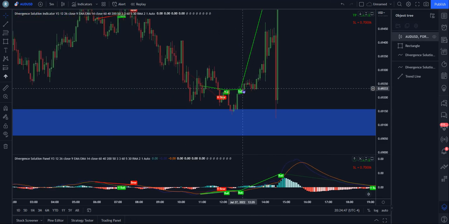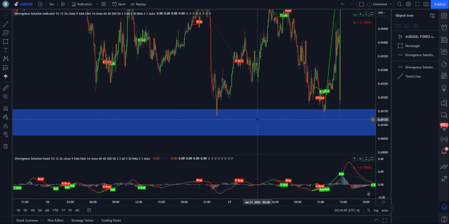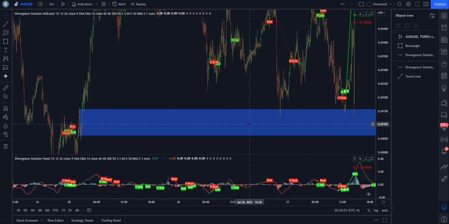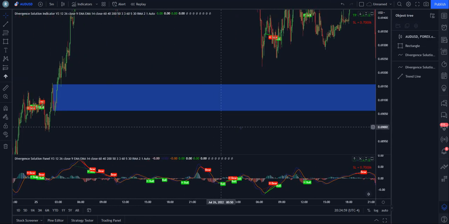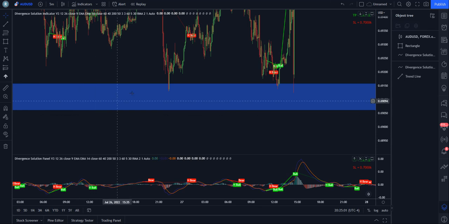Now, the reason I don't think it did, you see it even went below here, is just because of the weakness of this demand zone. Like I mentioned before, how it had already been tapped into a couple times. And so price is not going to as aggressively spike away from it.